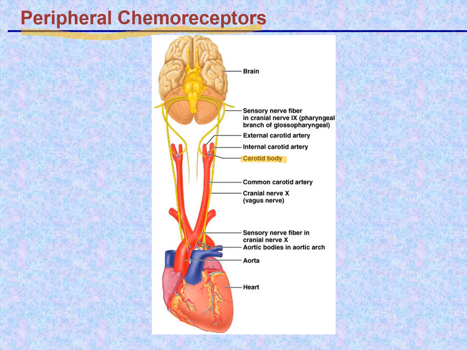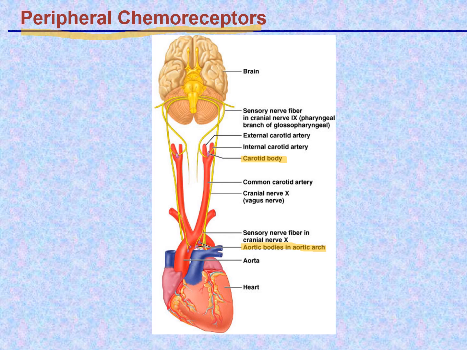So you have carotid bodies there, and you have aortic bodies in the aortic arch. Those are key to sensing peripheral PO2, PCO2, and pH levels. Very, very important. They are constantly sending sensory information back to the brain, into the brain stem.